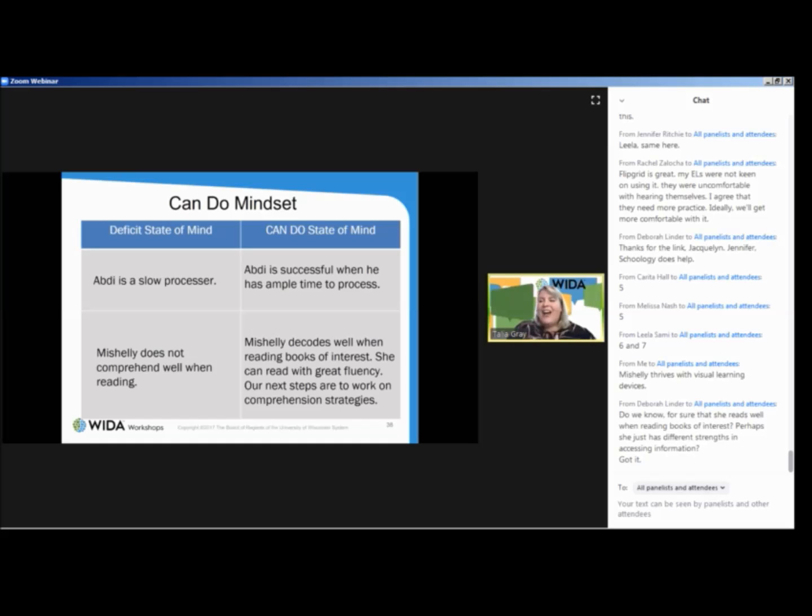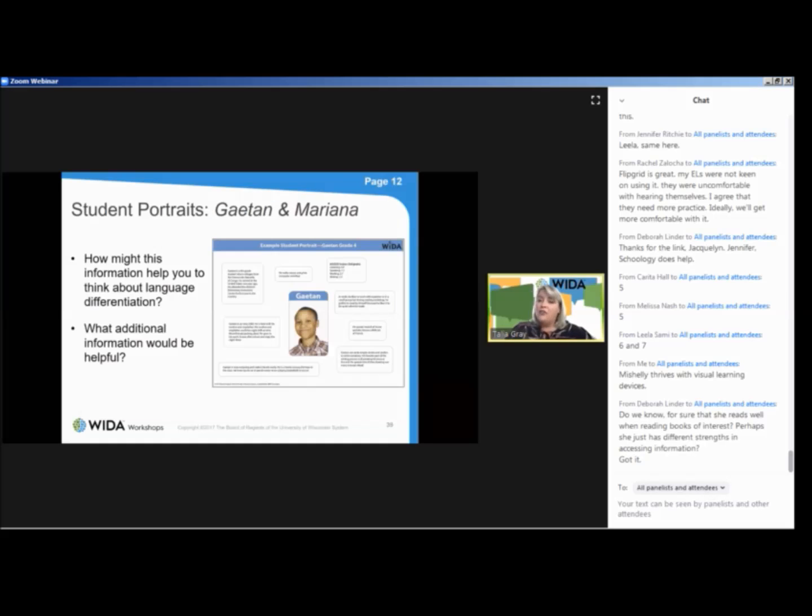Absolutely. Okay, so one fantastic way to get to know your students is using something called student portraits. Now, on page 12 of your guide, you can see the example for Gaetan. And this has a lot of information about him. And this is information that we can use when planning lessons and when thinking about differentiation.